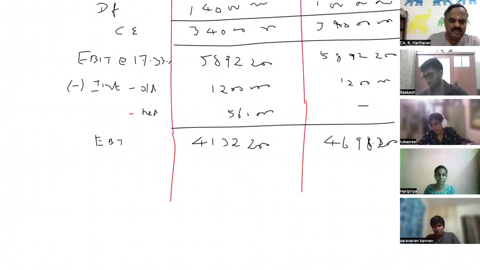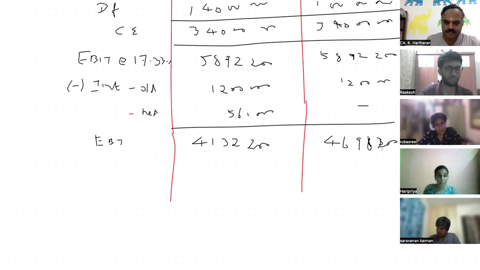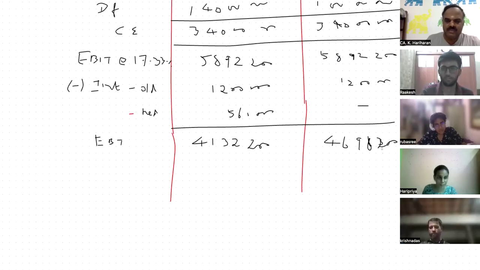Less tax. How much percent tax? 50%. The balance is earnings after tax. Remaining 50% comes to earnings after tax.